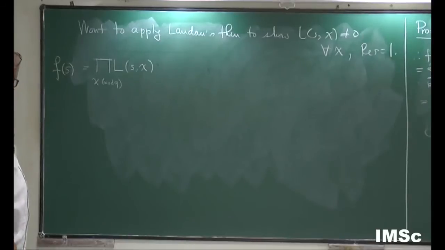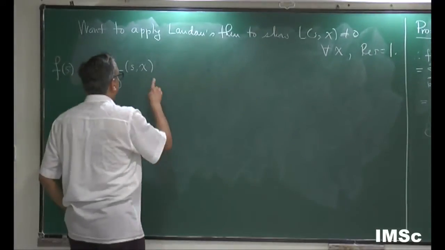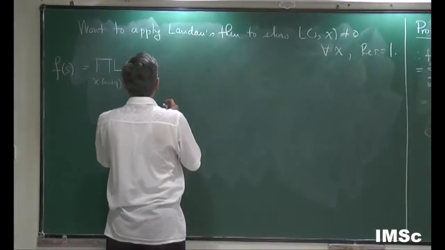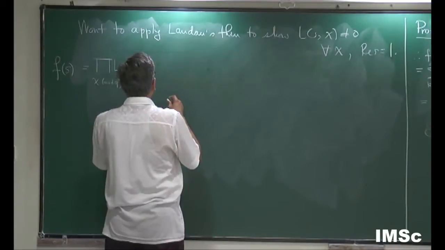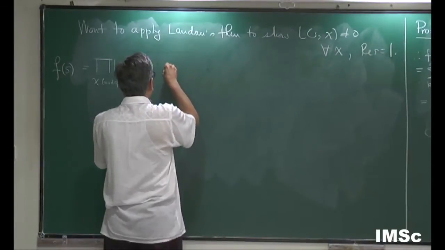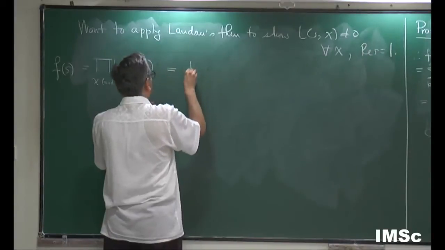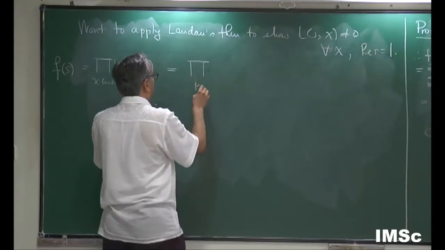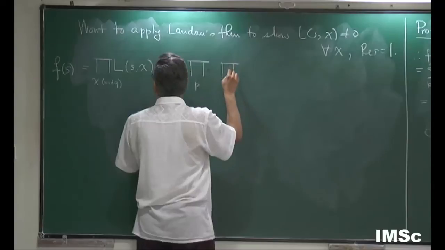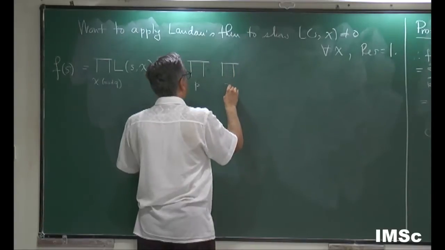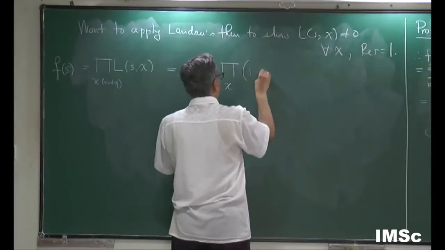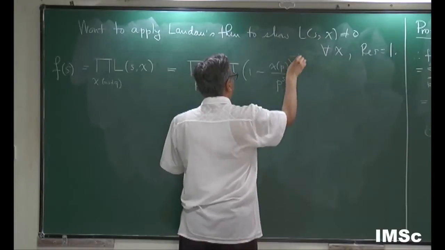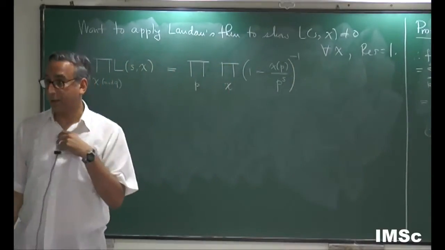Okay. And remember, each of these L(s, chi)'s is another Euler product. And so if you think about it, let's see, the easiest way to do this is probably, right? I mean, I have an Euler product, and I do that, right?